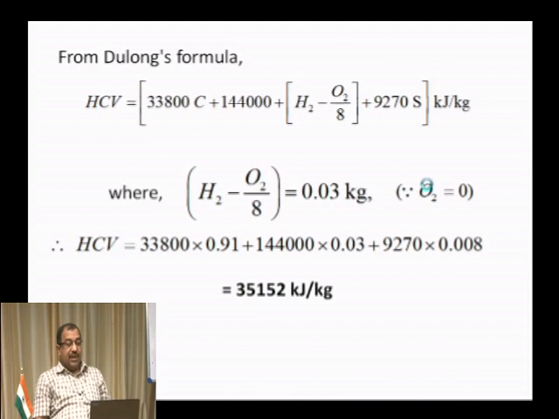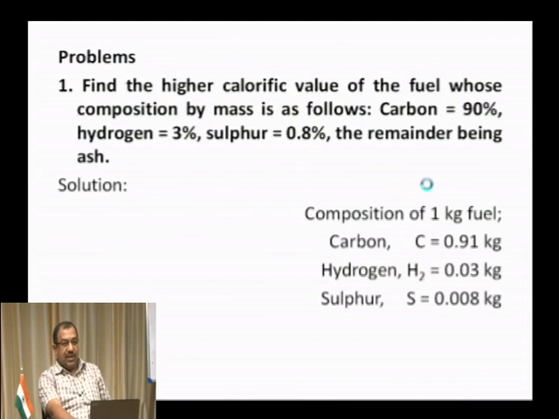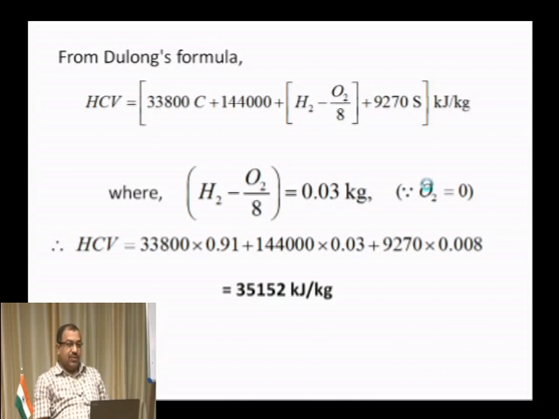Hydrogen minus oxygen combined, he has given 0.03 kg. You can see here hydrogen is given 0.03, oxygen he has not given. When the oxygen value is not given, it will be taken as 0. So the value of H2 minus O2 by 8 will be 0.03 kg.